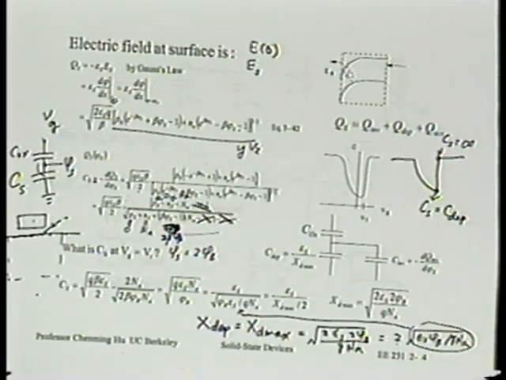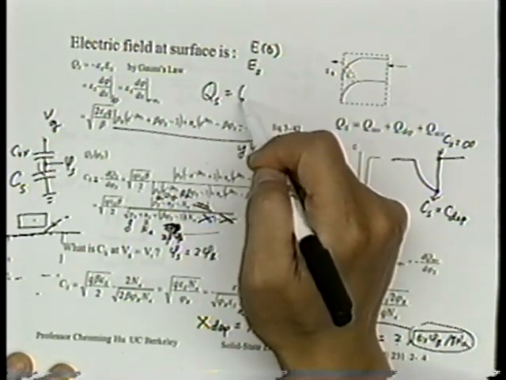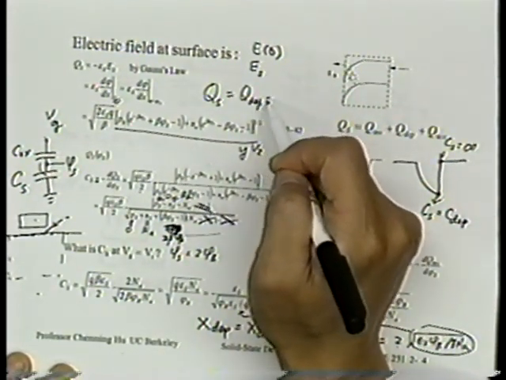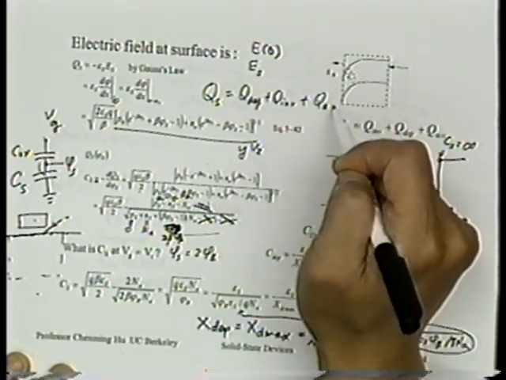Well, that's because we have two components of charge. One is the depletion layer charge, and that gives us one capacitance. We have another charge component due to the inversion charge. Remember, charge is made of three parts: depletion charge, inversion charge, and accumulation charge.